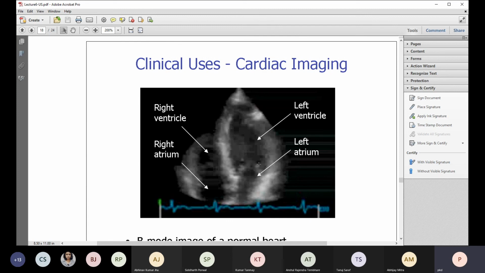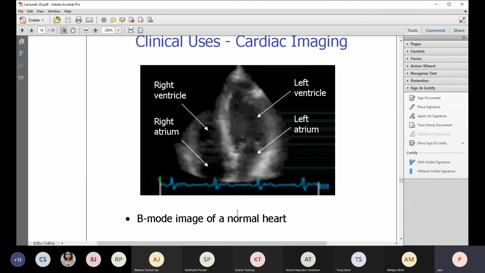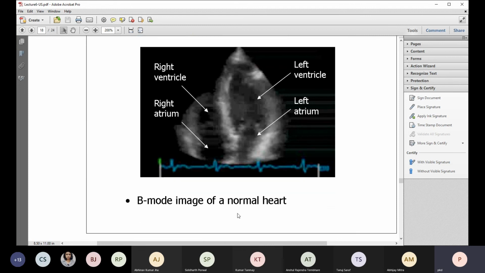Here is another example, a cardiac image, but as you can see, this is not as clear as MRI or X-ray, because the ultrasound wavelength is comparatively much larger than that of electromagnetic waves. MRI, of course, uses a different principle, but it also has good resolution in millimeters.